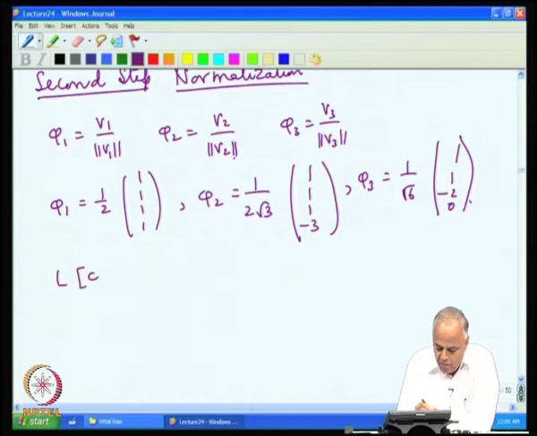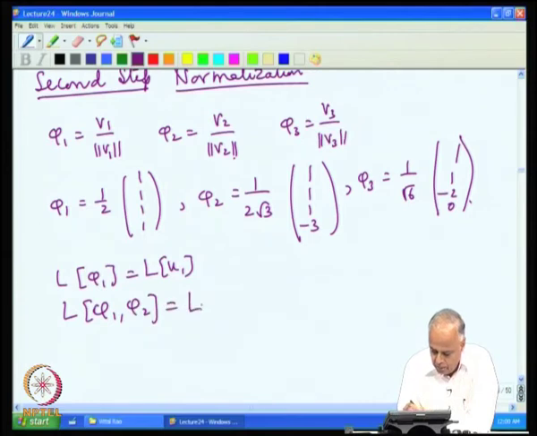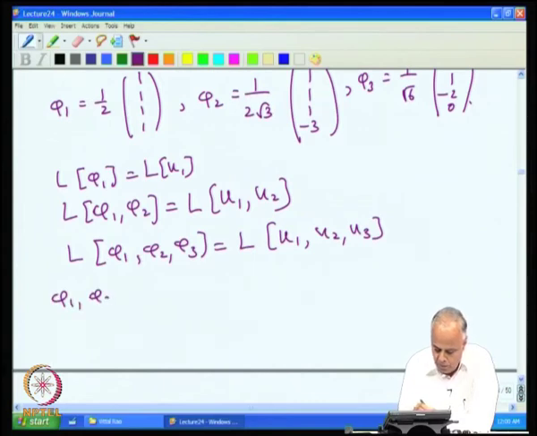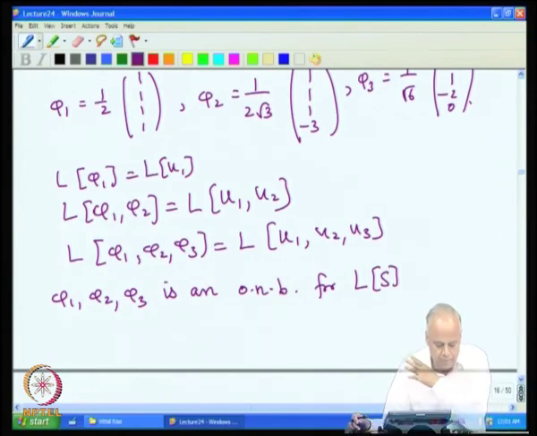Then we will have L of phi 1 will be equal to L of u 1, L of phi 1 and phi 2, the space spanned by phi 1 and phi 2, will be the same as the space spanned by u 1 and u 2, and finally, L of phi 1, phi 2, phi 3 will be the same as the space spanned by u 1, u 2, u 3, and therefore, phi 1, phi 2, phi 3 is an orthonormal basis for L of S. So, thus given any linearly independent set, by using the Gram-Schmidt process we can extract an orthonormal basis for the subspace spanned by this given set of vectors. We will be using this repeatedly.